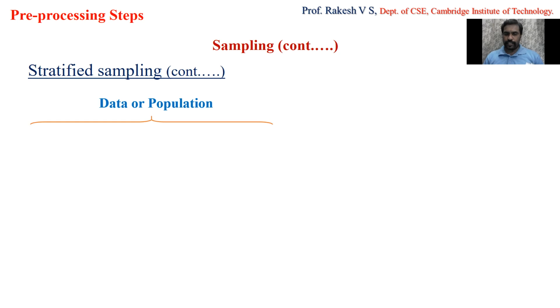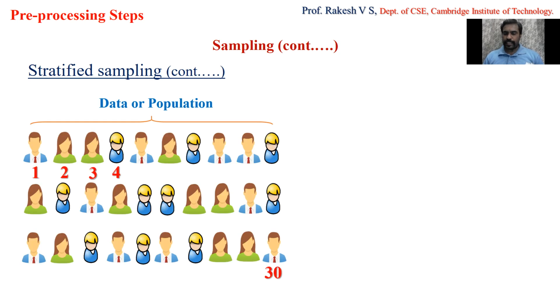So consider the data population, which again has 30 data objects, the same population that we considered in the previous case. As told, now we have to divide these 30 objects into several groups. As we can see in this data, we have male, we have female, and we have child. So let us divide this data set into three groups.